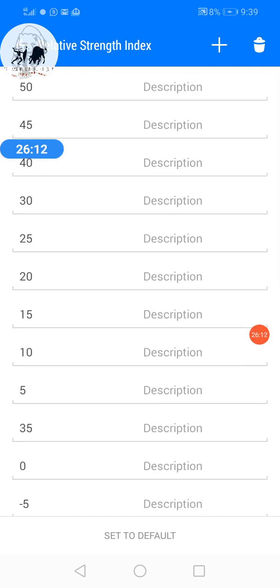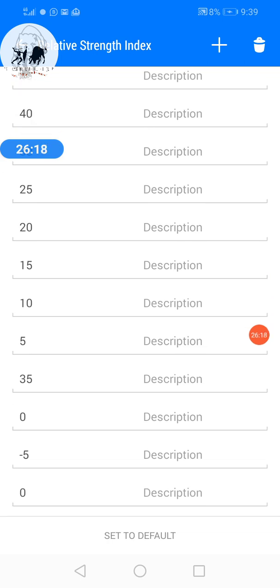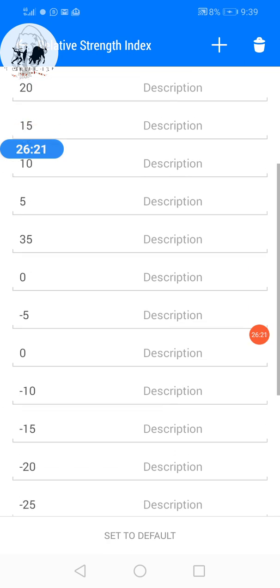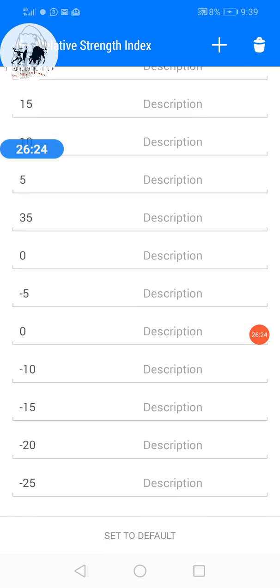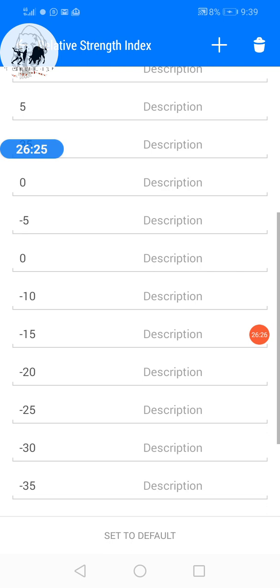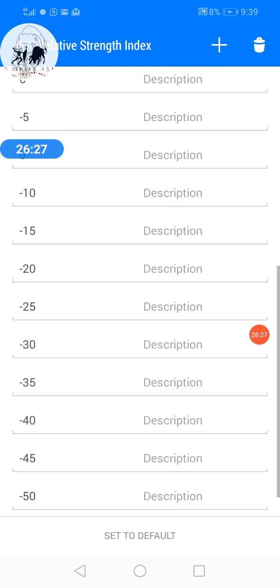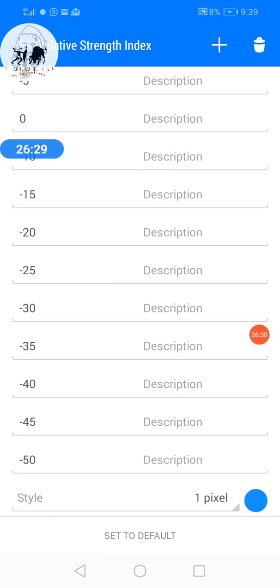So it's 50, 45, 40, 35, 30, 25, 20, 15, 10, 5, just like that. Then you have 0, -5, -10, -15, up until -45, -50.